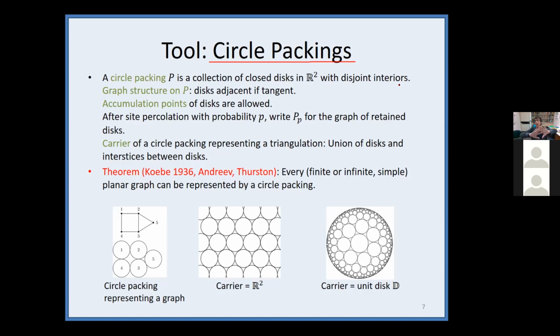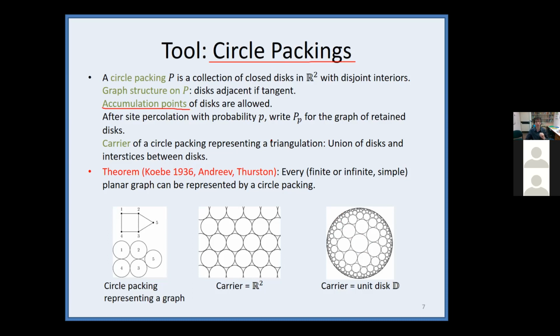Maybe the disks are spread out. Here is a disk, and they're not even connected. Maybe there's infinitely many disks. They could have an accumulation point. That is, as you see in this picture, maybe the radii of the disks become smaller and smaller, and there is a point such that you have infinitely many disks that converge to it.